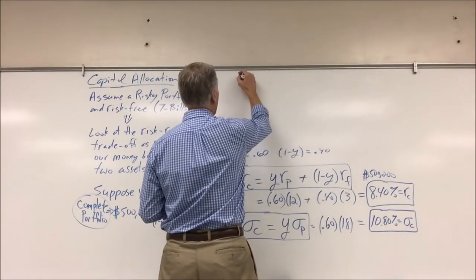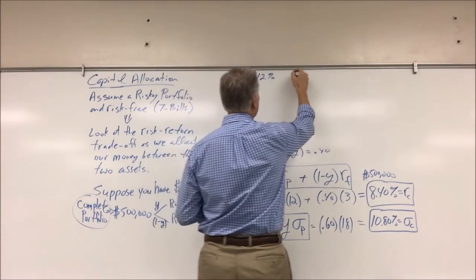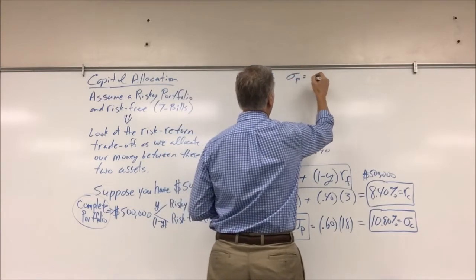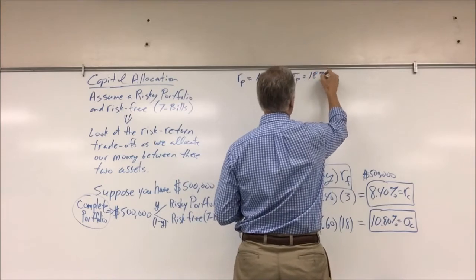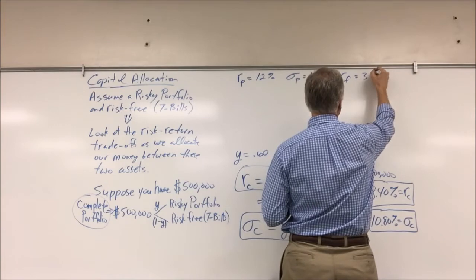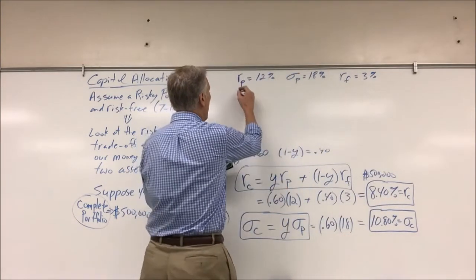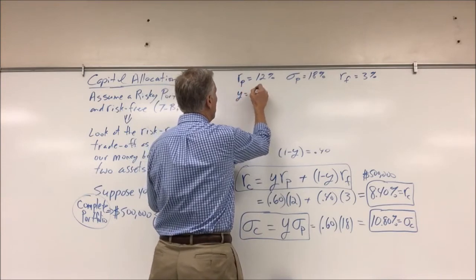I had the RP here equal to 12%. Sigma P equal to 18%. I have RF equal to 3%. And I'll put these numbers up here just for Y equal to 0.6.